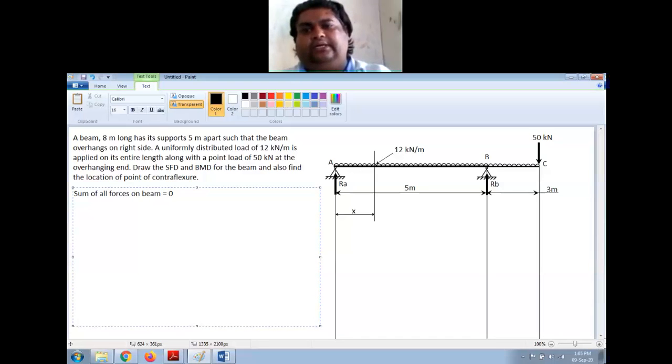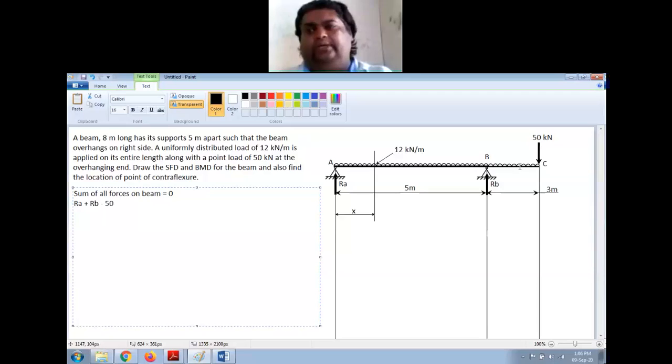What are the forces that are there on this? Now, I will take the upward force. So that is RA plus RB. These are the two upward forces, and there are two downward forces: minus 50 kilonewton, that is here, and this UDL is also a force, and that magnitude is 12 kilonewton per meter.